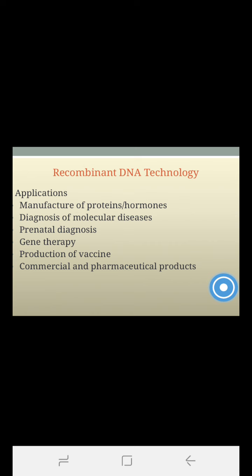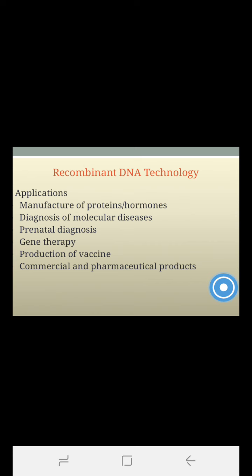Second, this technology is also helpful in the diagnosis of molecular diseases, for example cystic fibrosis, Tay-Sachs disease, etc. We can diagnose these different types of molecular diseases with the help of this technology. It is also helpful in prenatal diagnosis. One of the most important applications is gene therapy.